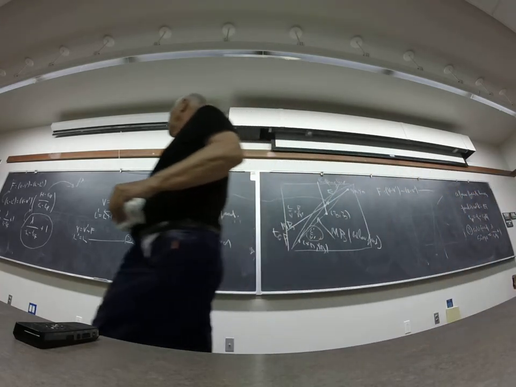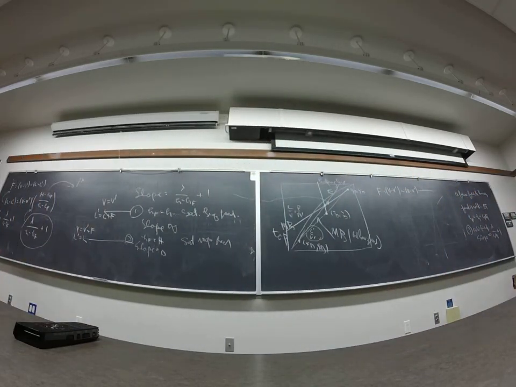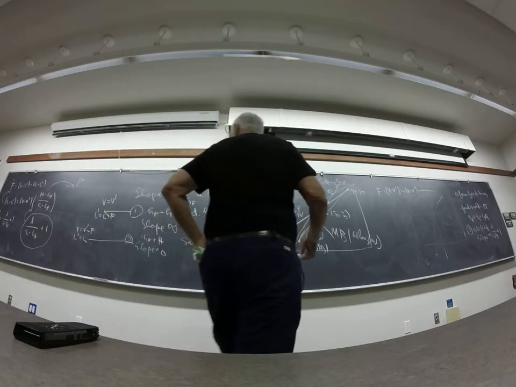L minus L prime is V minus V prime times this joule right here: lambda over H minus HF, plus 1. So that's what I want to put there.